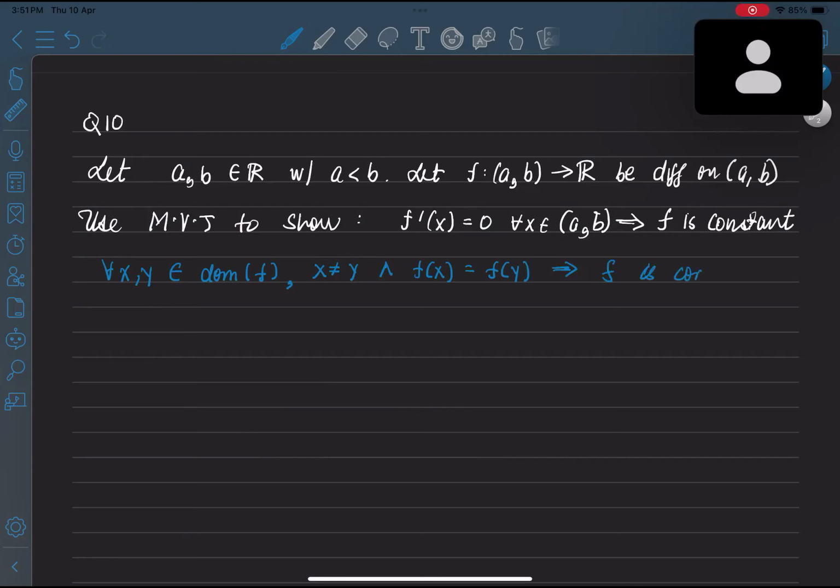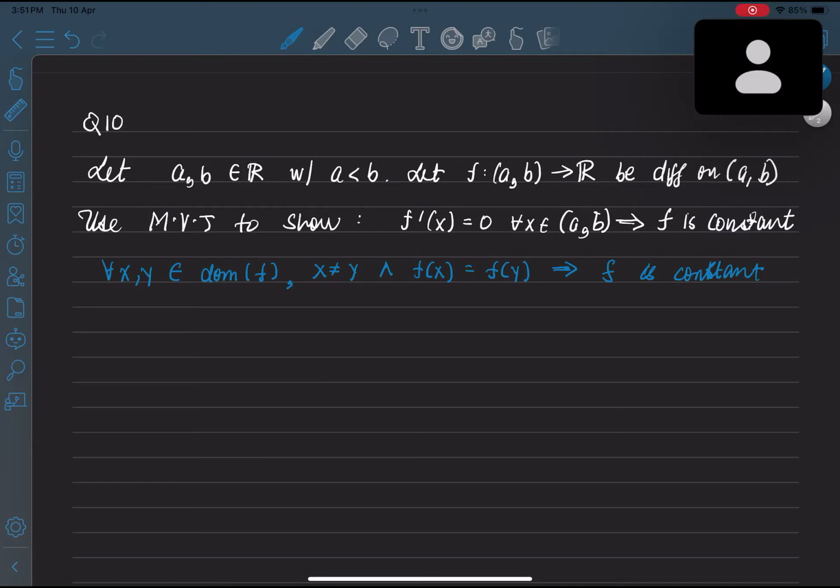So your function has a constant value for all x and y in its domain, right? And since this is a universally quantified statement, we want to start by taking something that's arbitrary, right?